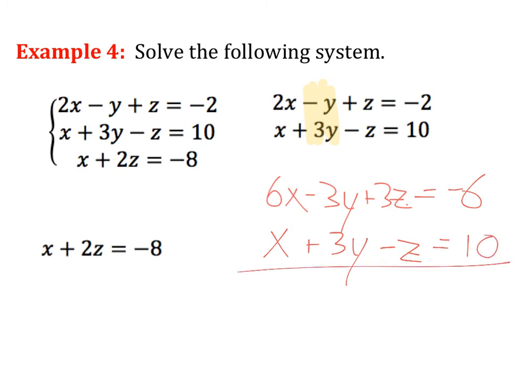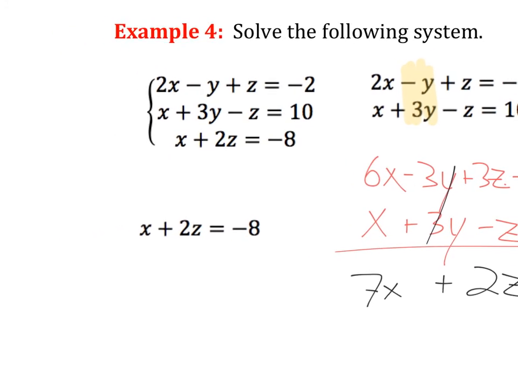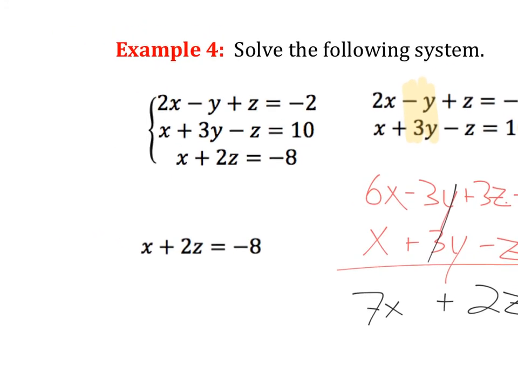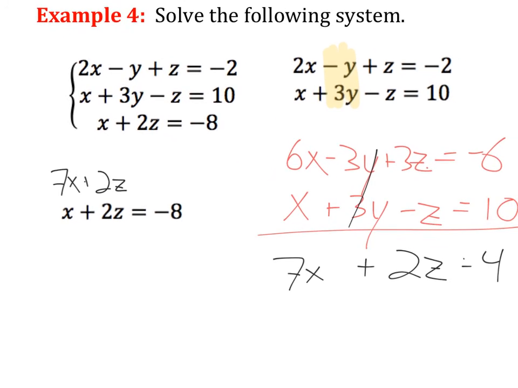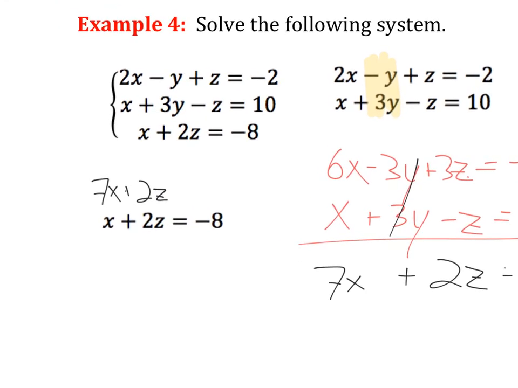So when we get all that done, we'll have 7x, y's cancel, plus 2z equals 4. So 7x plus 2z, and what was it, 4? Yeah, 4. So now this system right here would be pretty quick and easy to solve.